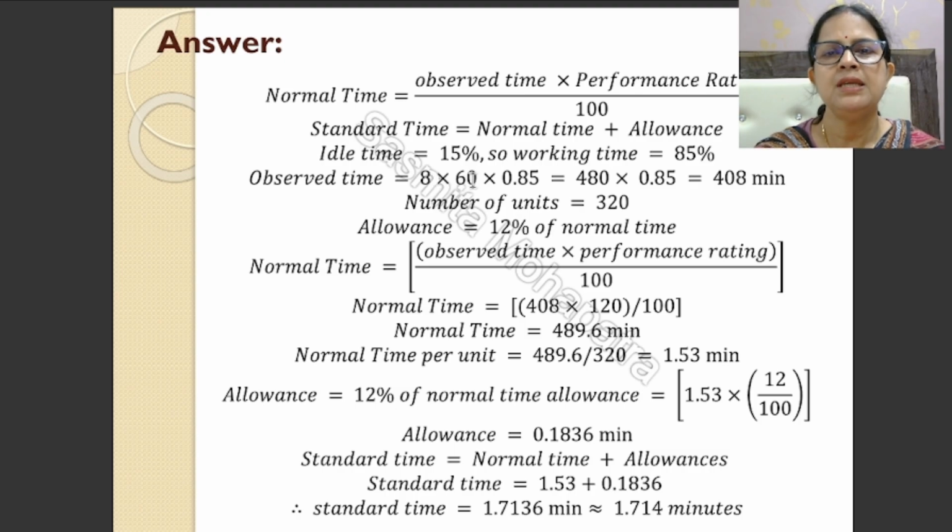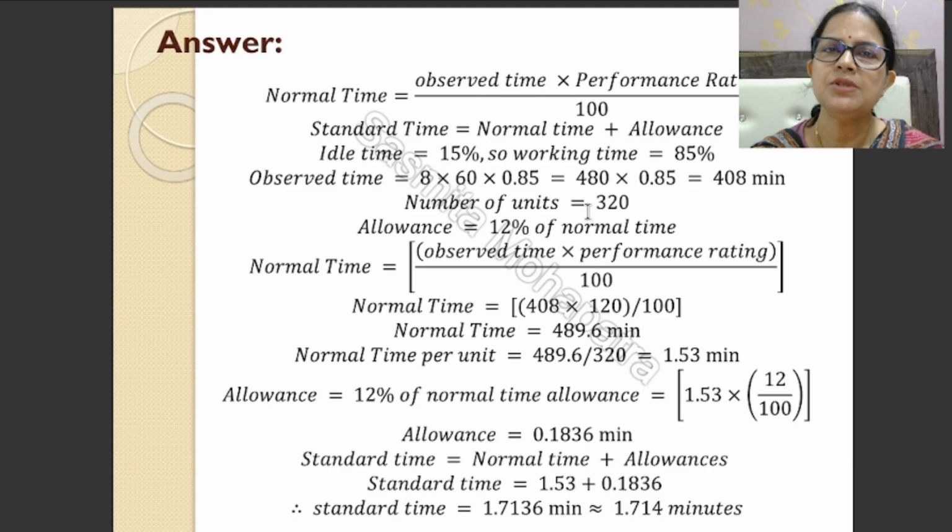As the idle time is 15%, we can also calculate 480 into 0.15 and subtract it from 480. That also we can do. But here we have calculated 8 into 60 into 0.85 as the working time, that is 480 into 0.85, that is 408 minutes.